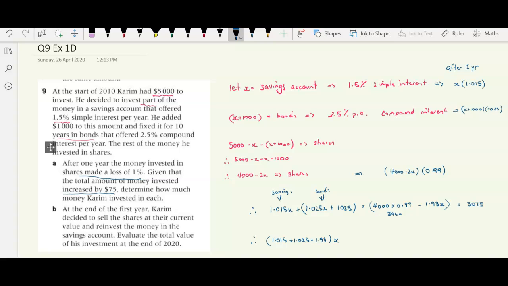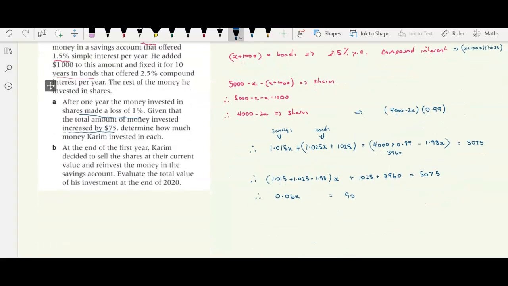Then I've got 1,025 plus 3,960, and that's all equal to 5,075. So out of all that, we get 0.06x, and that's going to equal 5,075 minus all this, which gives us 90. And so therefore x will be equal to 1,500.